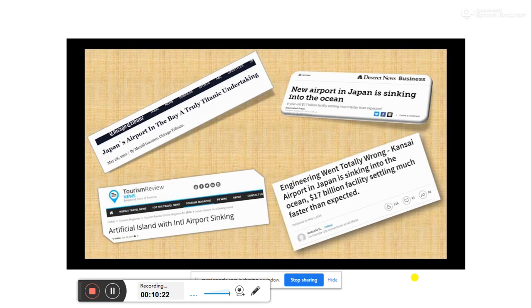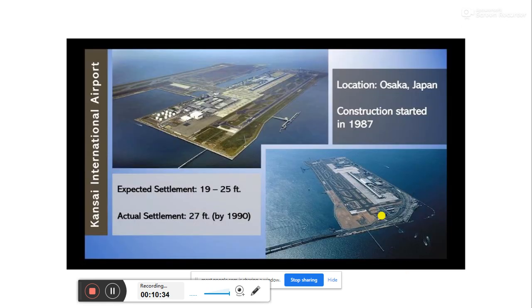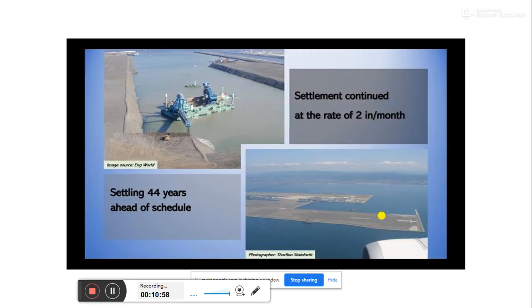The Kansai International Airport in Japan is a famous case where the expected settlement was 19 to 25 feet, but the actual settlement became 27 feet by the end of island construction, and it continued at the rate of 2 inches per month.